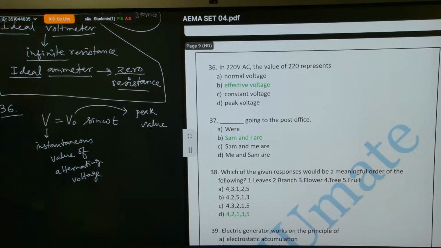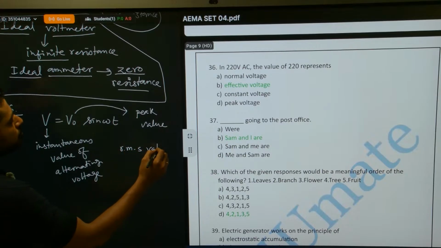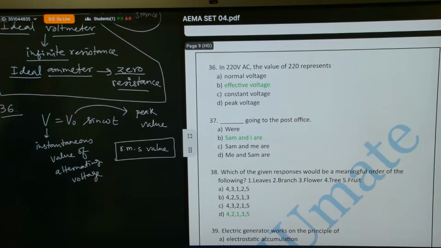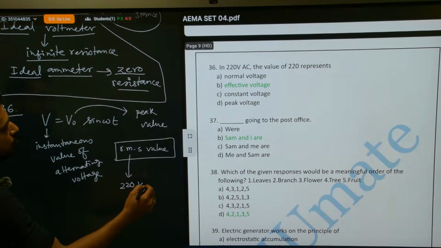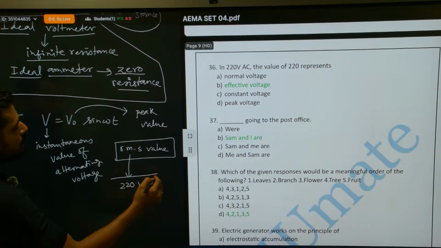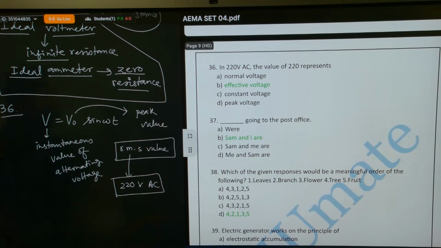And there is another thing called RMS value, root mean squared value. When we talk about 220 volt AC, we are actually referring to the RMS value of the voltage. What is VRMS?